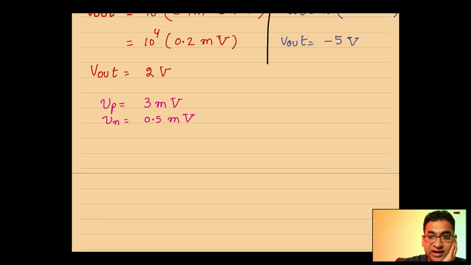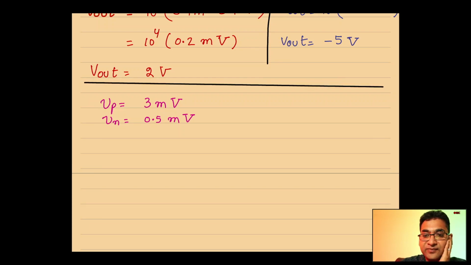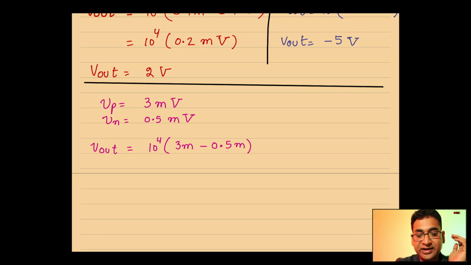Now, if we are to calculate V out in this scenario, V output equals 10 to the 4 times Vp minus Vn. So that's going to come out to be 10 to the 4 times 2.5 millivolts, 25 volts.